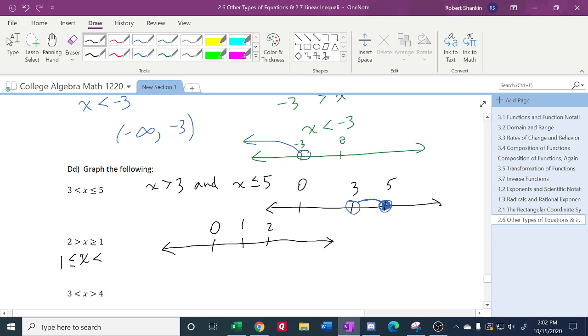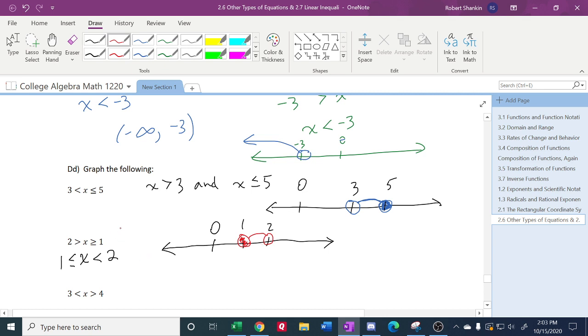Notice the arrow's pointing at the 1, and the arrow's pointing away from the 2 and at the x. This means the same as that. Once you have it in this format, I can tell what it is now. This is between 1 and 2, fill in the 1 and not the 2.